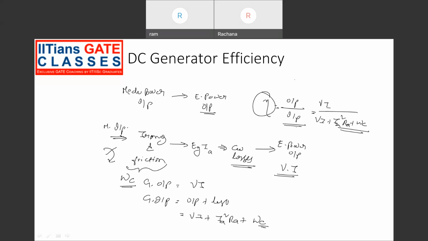And this efficiency will be maximum, eta max, when variable losses equal constant losses. So what are the variable losses? Copper losses.